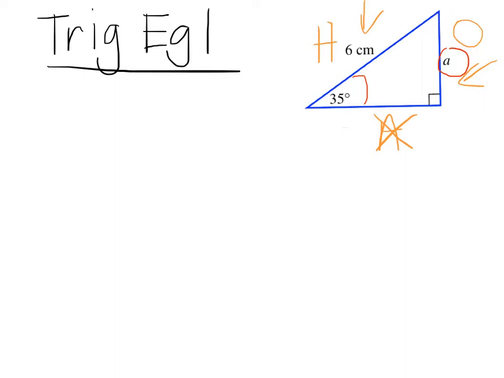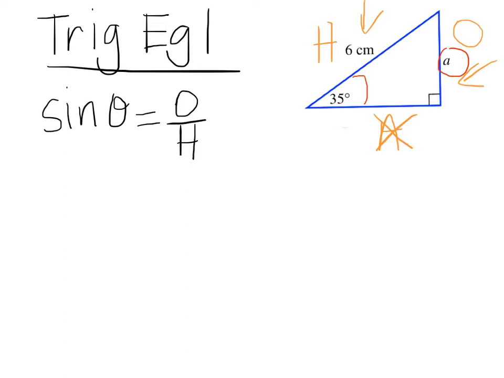So our next step after labelling the diagram, we're going to write the rule. So we've got sine theta, and theta is the unknown angle, equals opposite over hypotenuse.